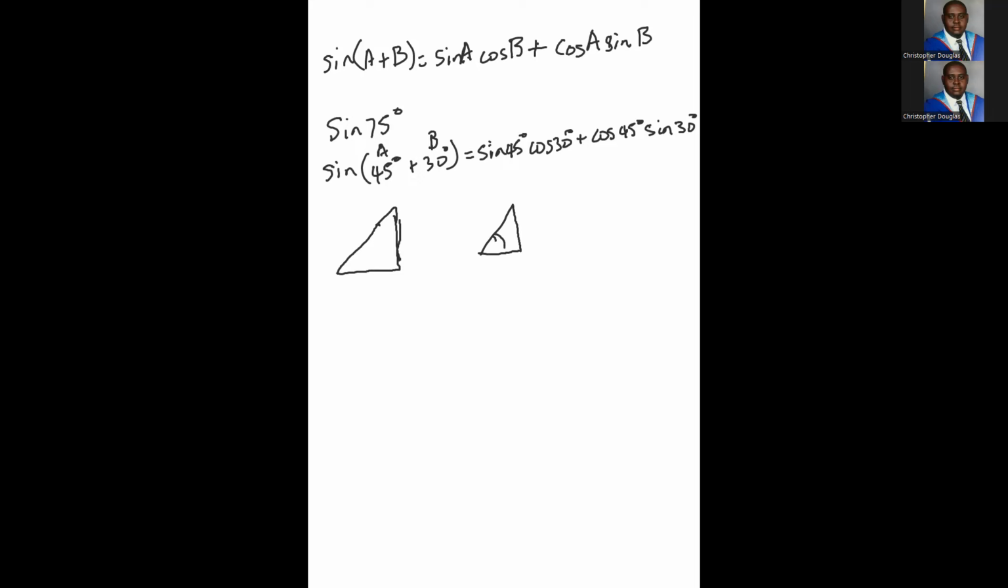I know that if this is 45, this will be 1, 1, and this will be root 2. Remember, these are right angle triangles. And if I have the 30 here, that means 1 is here, root 3 is here, and 2 is here. That means the 60 will be up here. I hope that is clear.